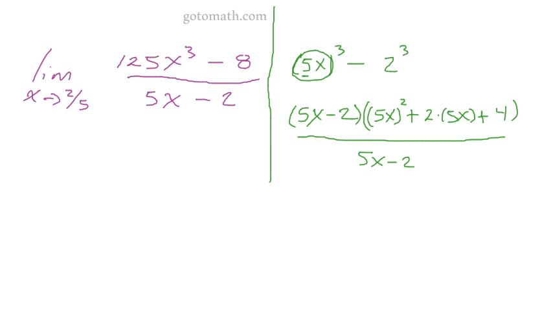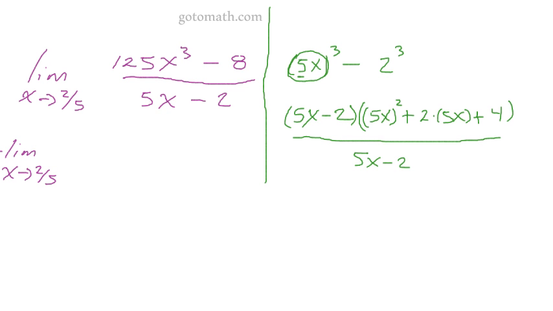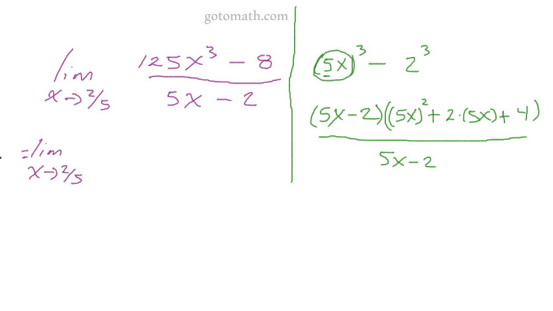So I'm going to go ahead and rewrite this. We have the limit as x approaches 2/5, and of course I need to write an equal sign out here. Not sure what happened to my screen. Move it. Okay, that works out.